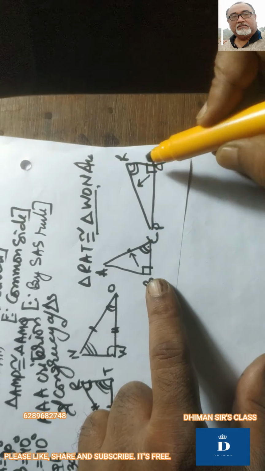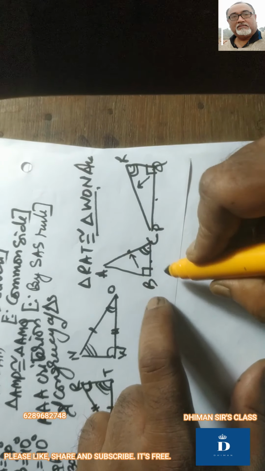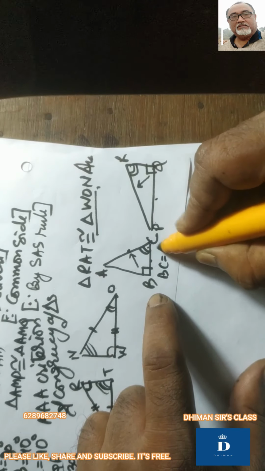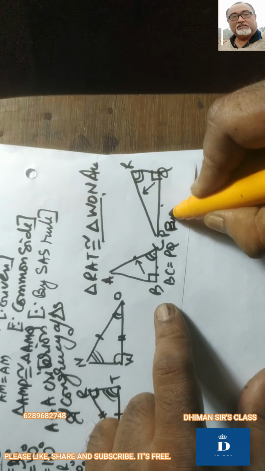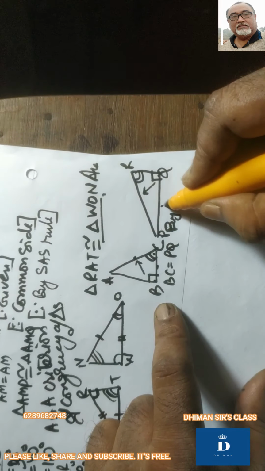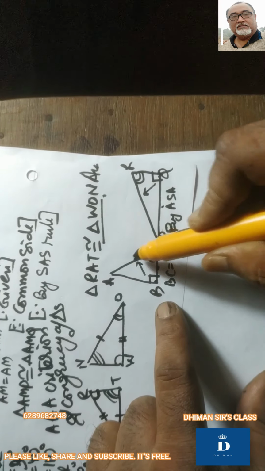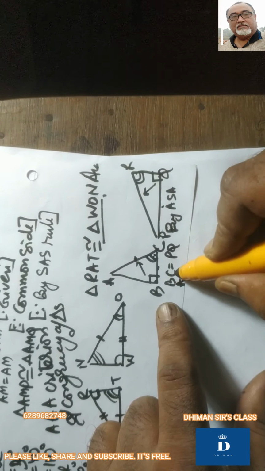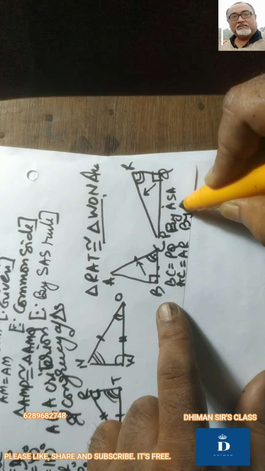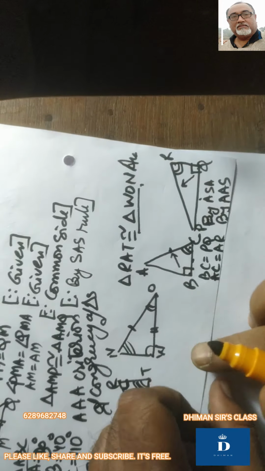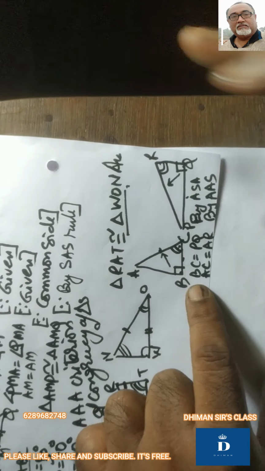So either BC is equal to RQ, so that it becomes angle side angle, or it may also be like this: if AC equals AR, then by angle angle side. Both the criteria can be used.